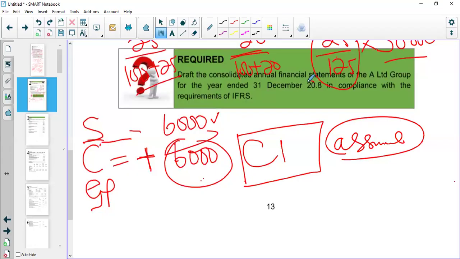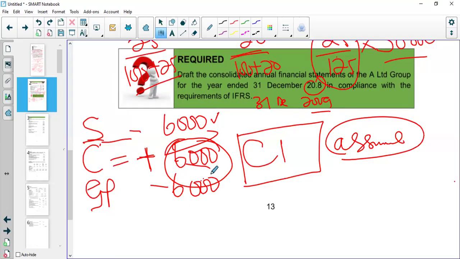So this is 2008. So in the year 31 December 2009, all right, we're going to assume this has been sold. So when we prepare for 2009 next year, we're going to subtract this from cost of sales, right?